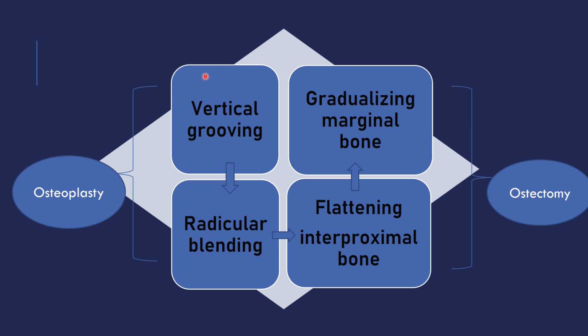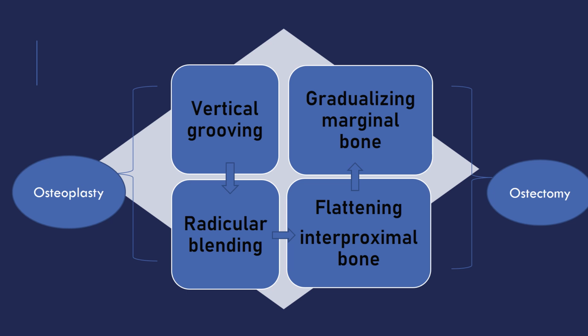The first is vertical grooving, the second is radicular blending, the third is flattening interproximal bone, and the fourth is gradualizing marginal bone. Of these, vertical grooving and radicular blending are mainly osteoplasty, just shaping without removing the supporting bone, whereas the other two procedures are ostectomy.